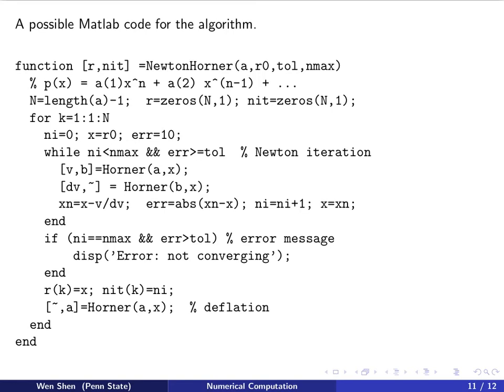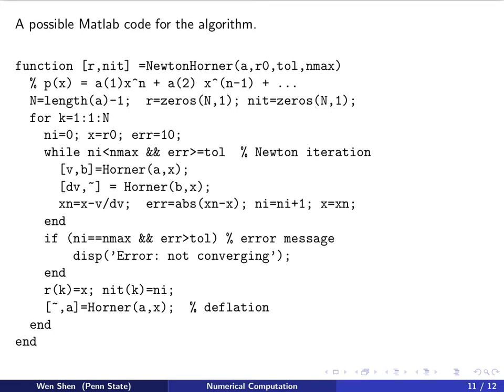So some details of this code. Some initializing: one puts capital N to be length a minus 1. That will be the order of the polynomial. And then r is a vector of length n, and the number of iterations is a vector of length n, because it stores the number of iterations performed for each root.